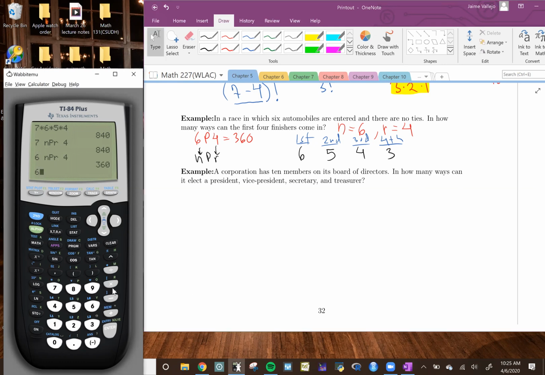So if you do 6 times 5 times 4 times 3, it gives you 360. So that's what the permutation rule is doing, saying these are the different number of sequences that we could get for this certain outcome. All right. Any questions for that last round?